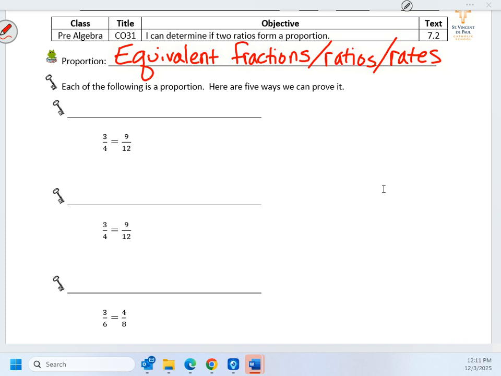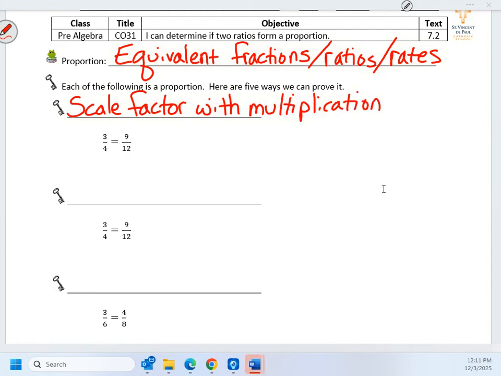So the first way is using the scale factor with multiplication. I've used this term a lot. Who knows?